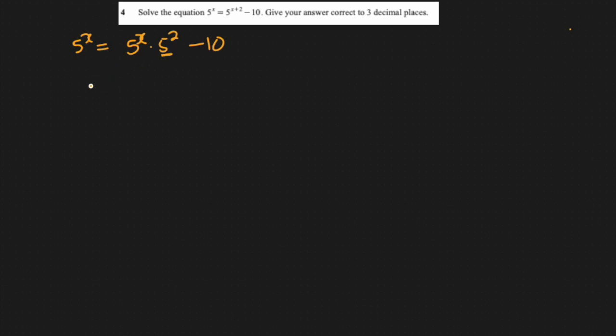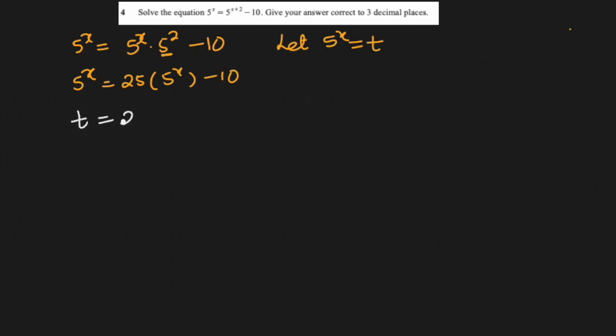So 5 square is 25. So it becomes 5 to the power x equal to 25 times 5 to the power x minus 10. And now we can assume let 5 to the power x equal to some letter t. What does this become? t equal to 25t minus 10.